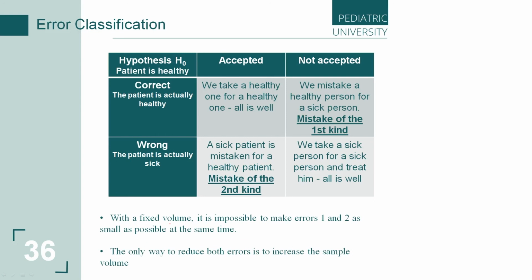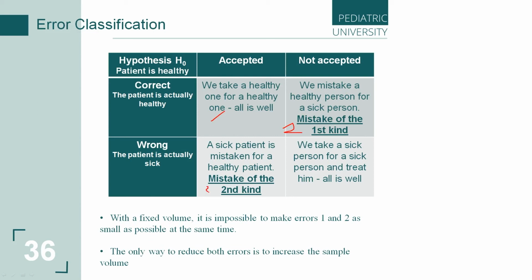The null hypothesis is that the patient is healthy. It can be true, and the patient is in fact really healthy. It can be incorrect, and the patient is sick. We can also accept and reject our hypotheses. There are 4 possibilities.